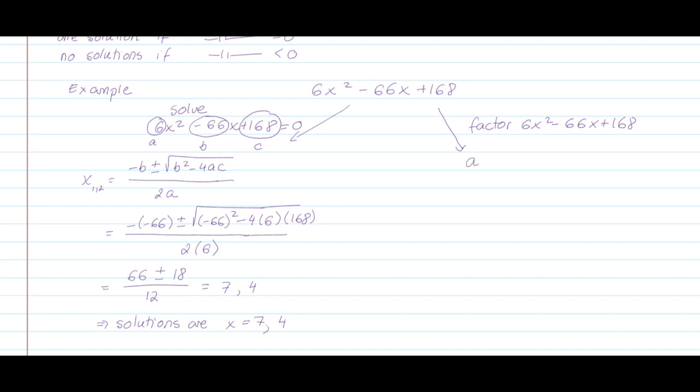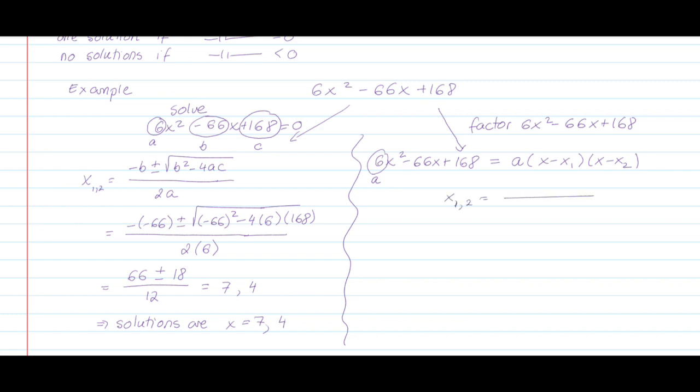So 6x squared minus 66x plus 168 is equal to a times x minus x1 times x minus x2, where a is what? A is 6. And what's x1, x2?